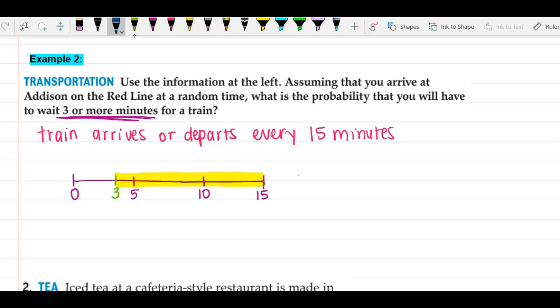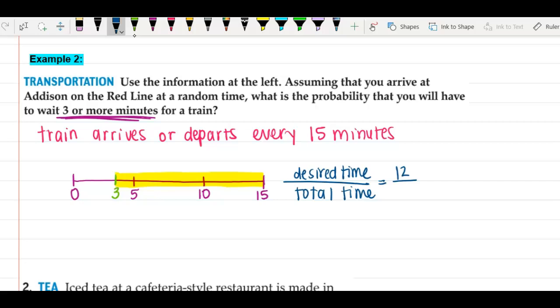We want our desired time over the total time of the interval. Okay, so if we count from 3 to 15, that's a difference of 12.